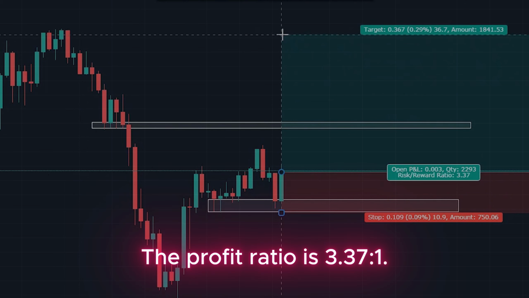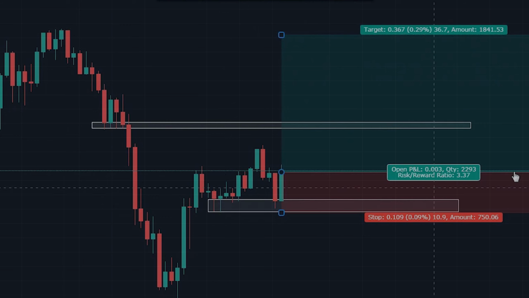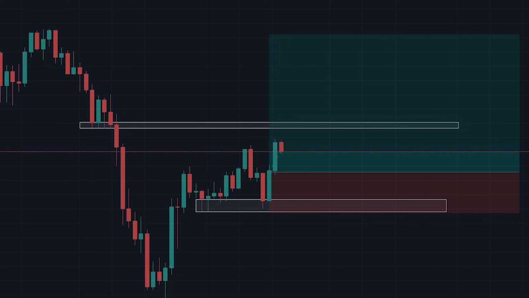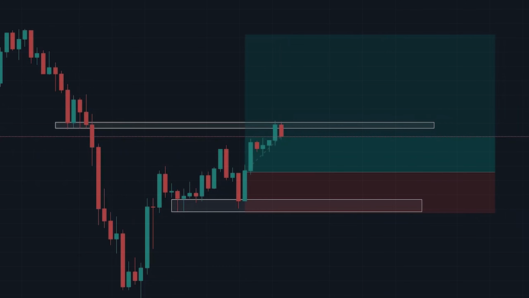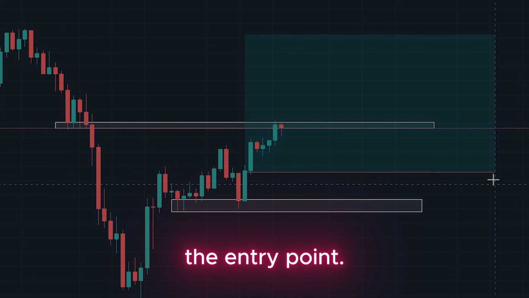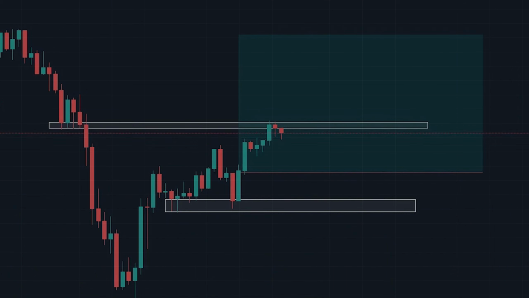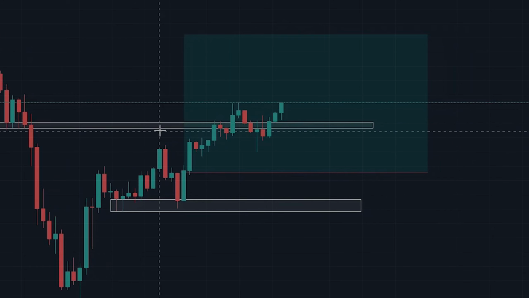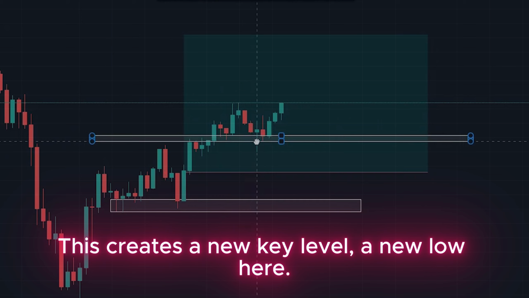The profit ratio is 3.37 to 1. Let's see how the market moves. The price hit the key level, so we move the SL to break even, the entry point. This creates a new key level, a new low here.